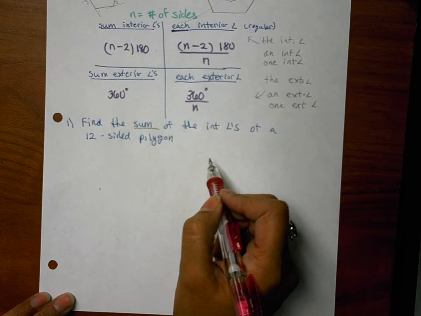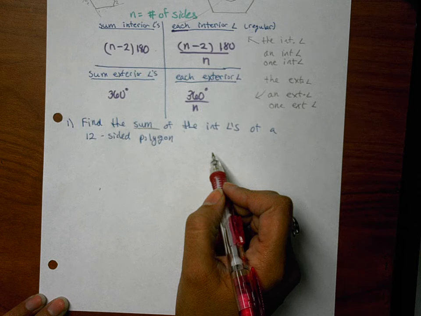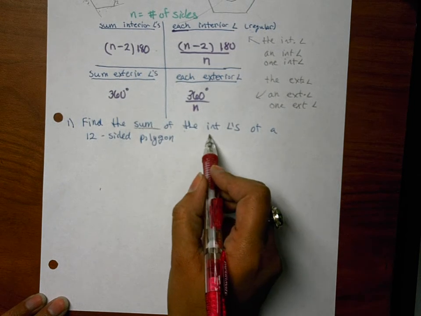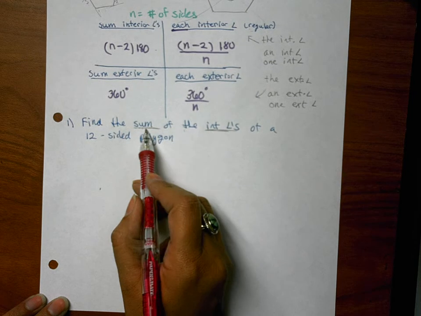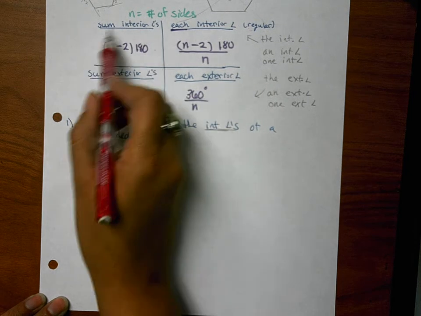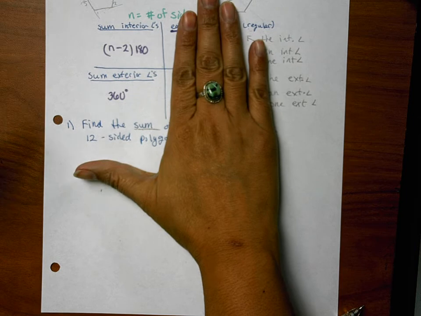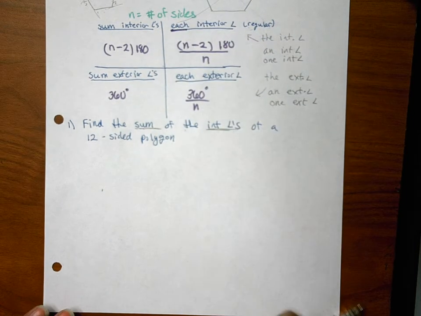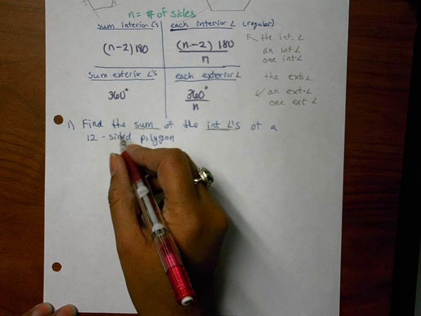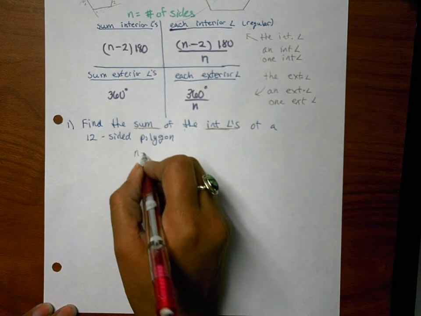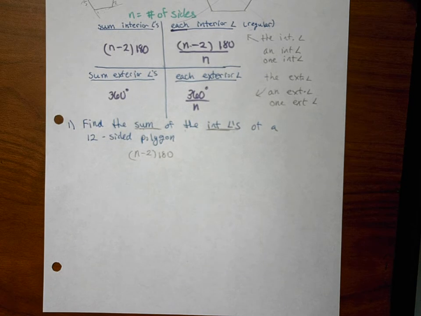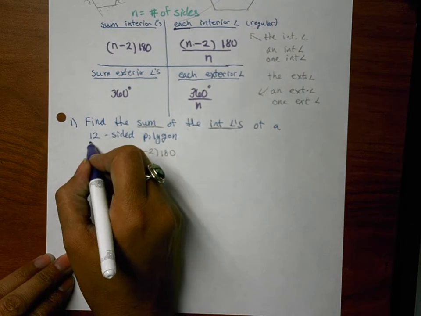Okay, so it's saying sum interior angles. So we know we're dealing with sum interior, so we're right here. Sum interior, sum exterior. This is the sum for the interior. So we're using the n minus 2 times 180. And n stands for the number of sides. And how many sides do I have here?